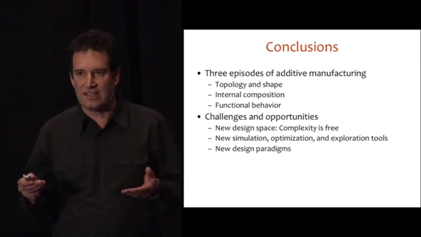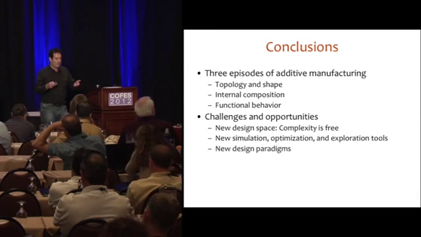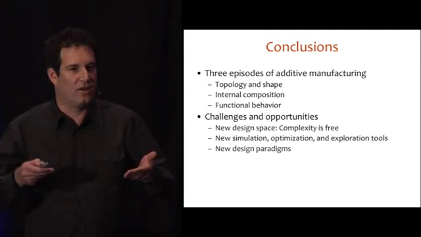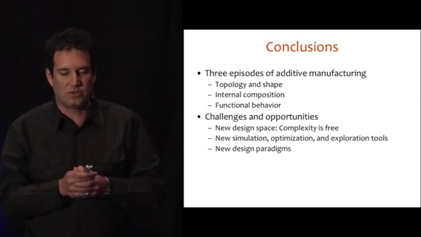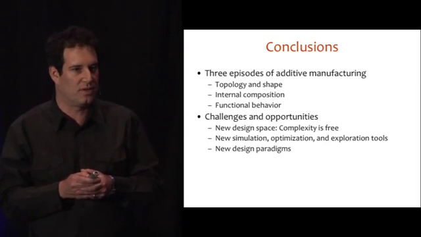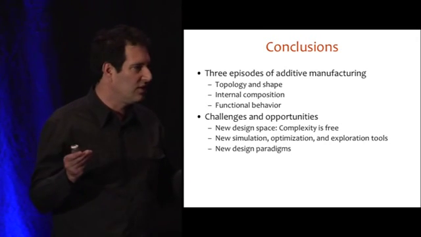But this is just the tip of the iceberg, and where this is really going is also into the ability to make parts that are made of multiple materials integrated in complex shapes and even functional behavior. And all of that presents very new opportunities for a new design space, new kinds of simulation and engineering tools, and new opportunities. So what's a matter compiler?